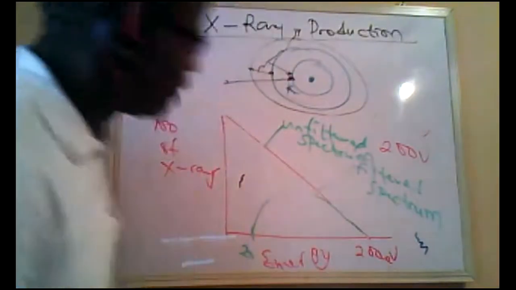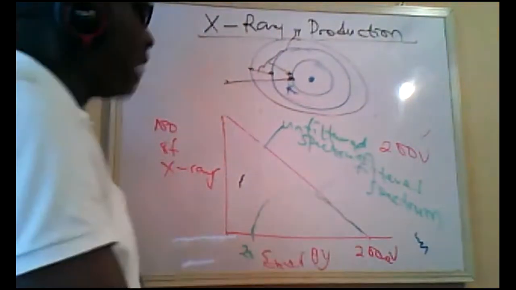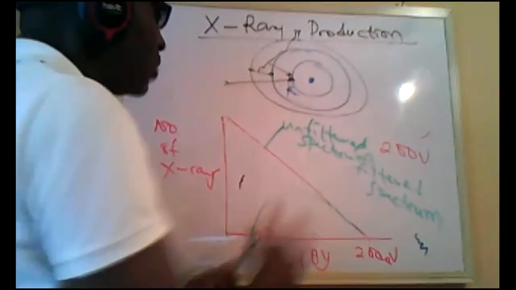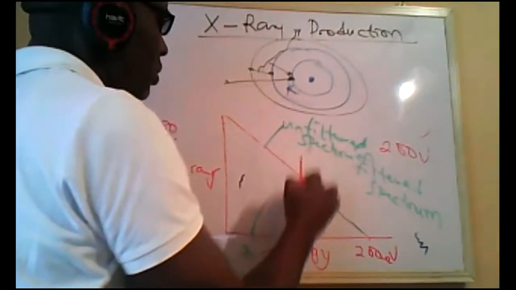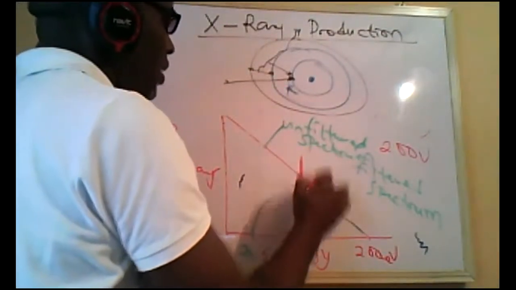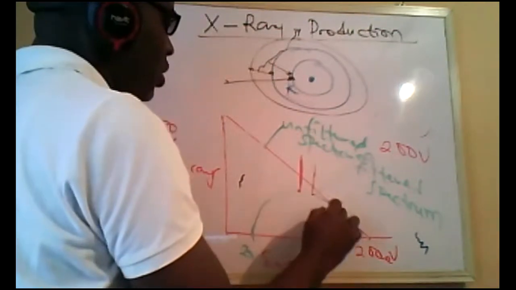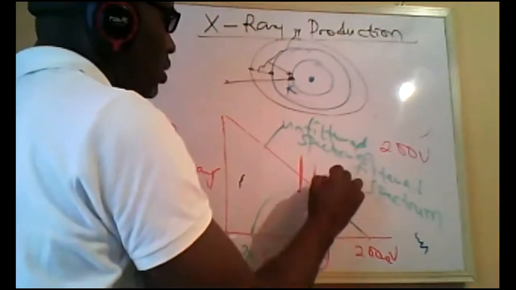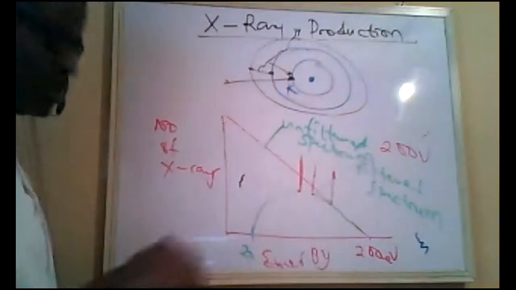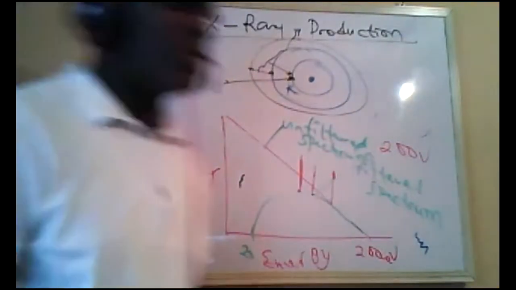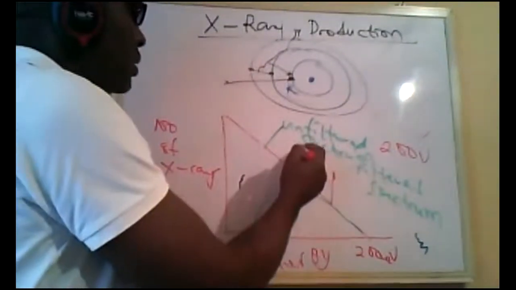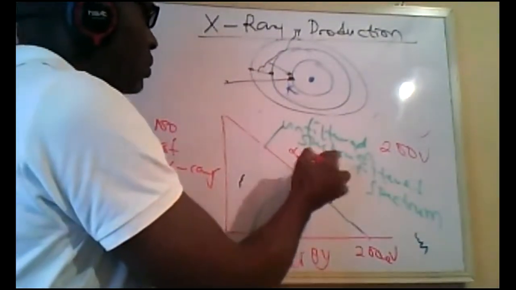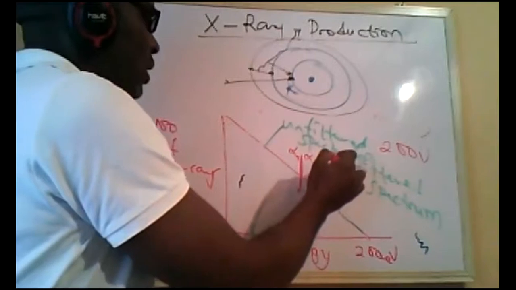We are going to have a modification to this. We now have some spikes on this filtered Bremsstrahlung spectrum, depending on the transition: you can have a K-alpha spike, alpha 1, alpha 2, and so on.